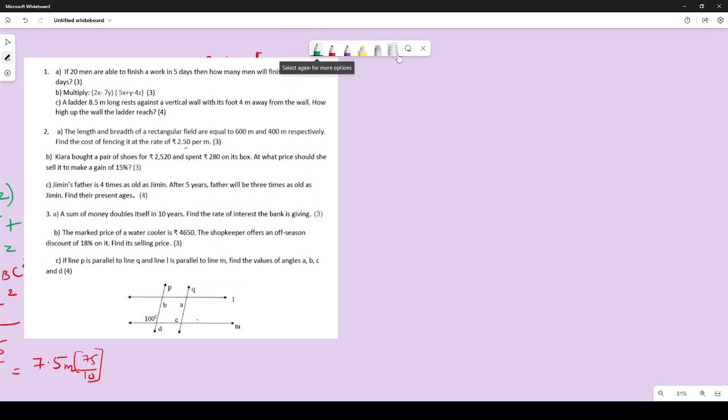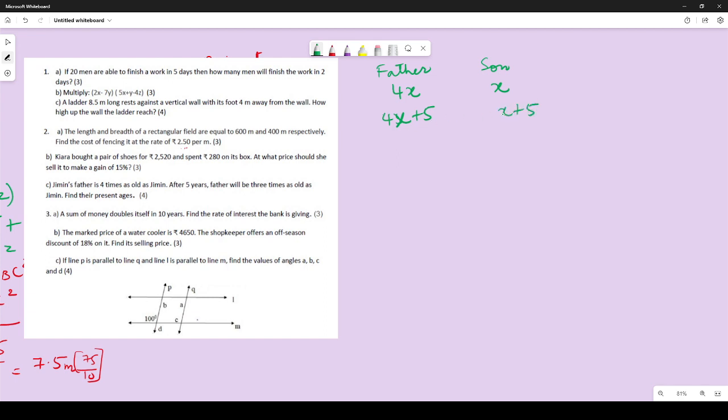Now we take up these age related questions. Father and son. So if the son is x years old, the father is 4 times the age. So that is 4x years old. After 5 years, the father will be 4x plus 5 years old and the son will be x plus 5 years old.